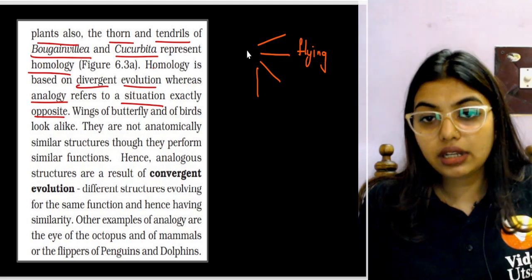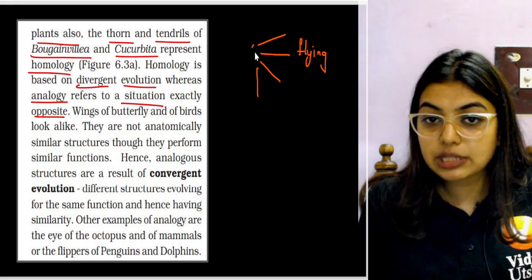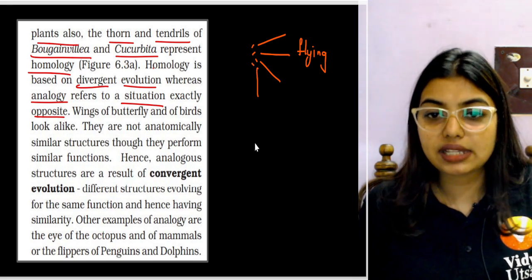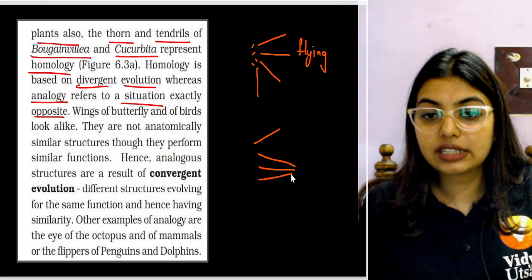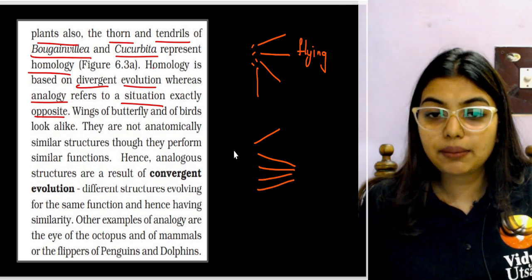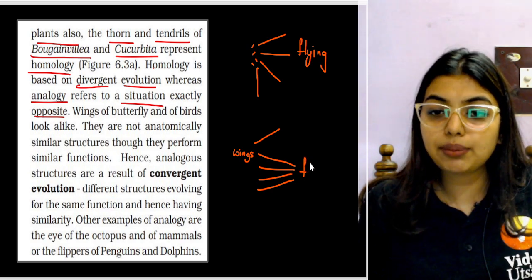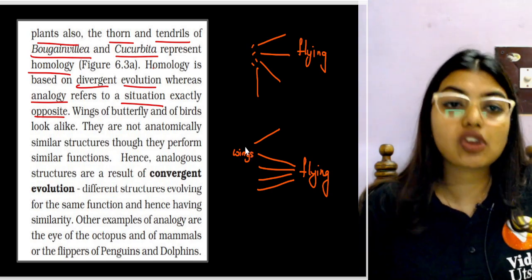Here, they come from different origins, and these different origins align at one place. Let's say wings of butterfly and wings of dragonfly. All of them end up flying, but their anatomical structure is different.